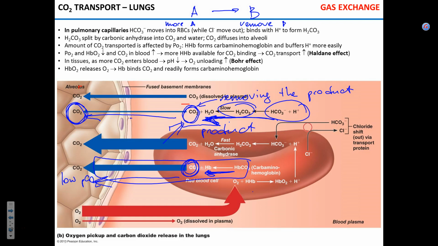Now, the last thing, which takes a little more steps, but it's not complicated, is the bicarbonate transport in red blood cells. This carbon dioxide, now you tell me, where does it diffuse? Into the alveoli. Why?